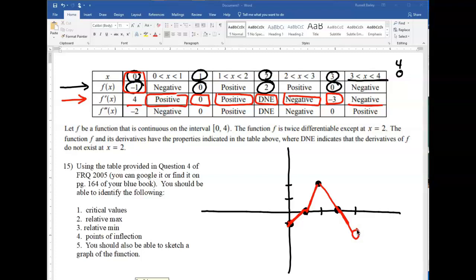Now that's kind of what the graph looks like, but now we want to put one more final touch on it. We want to get the concavity right. So at 0, it's concave down, and it stays concave down until you get here, and then it's concave up after that. Whenever you get to x equals 1, it stops being concave down.